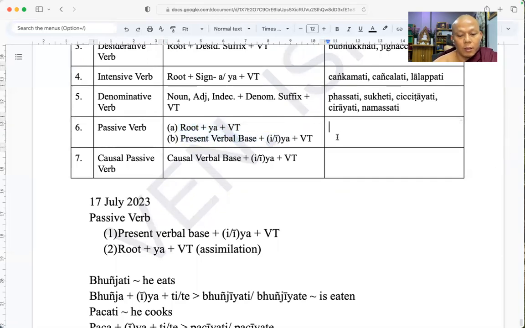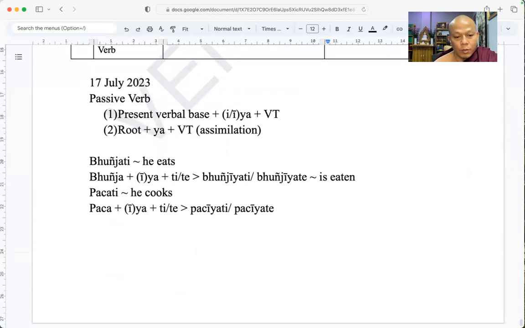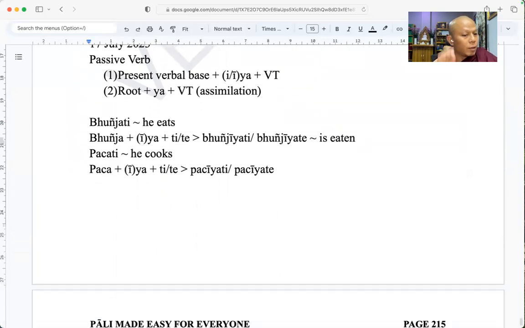Now, the second way. To the root, "ya" is added, and then the ending.